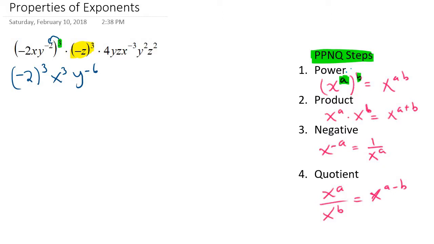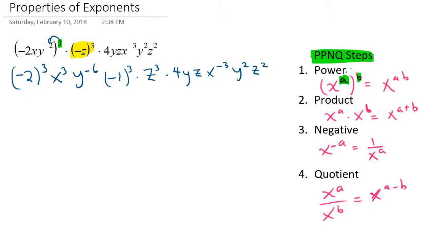That -1 will receive the power of 3, and the z will receive the power of 3 as well. Now in our expression, there's no more power involved, so we're just going to copy the other parts of the expression the way they are. Okay, now we've copied everything.